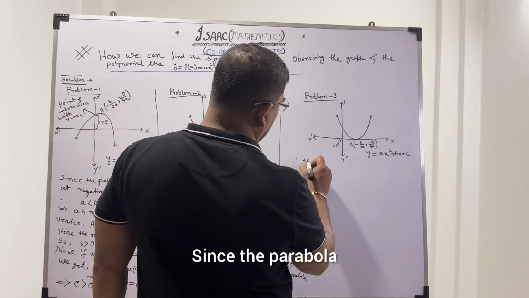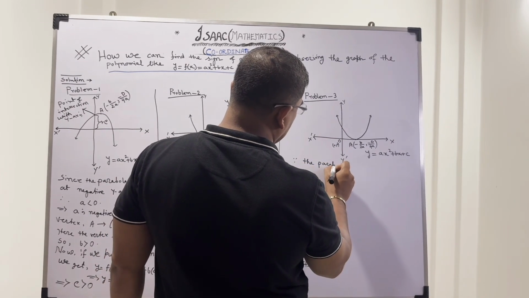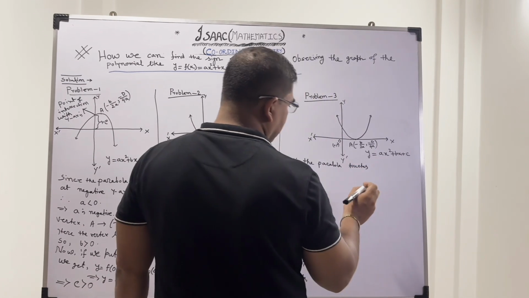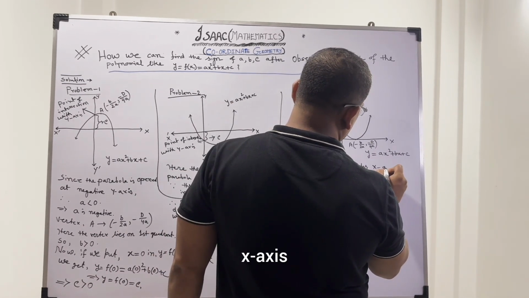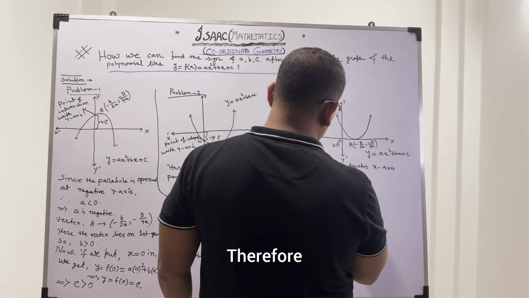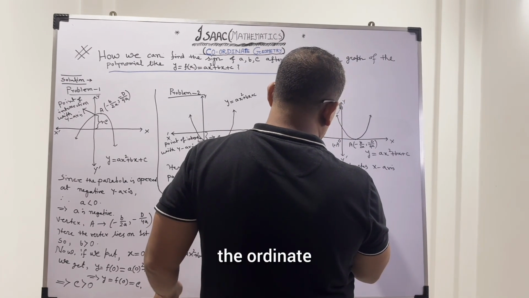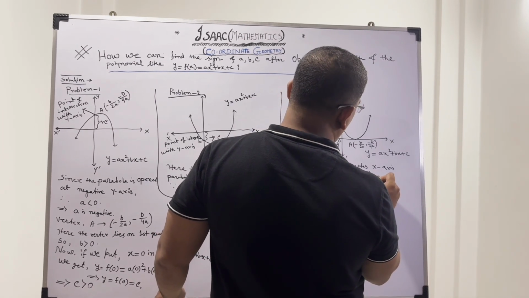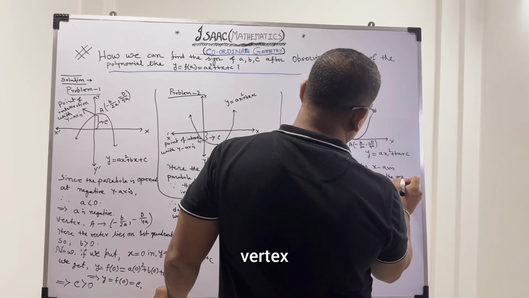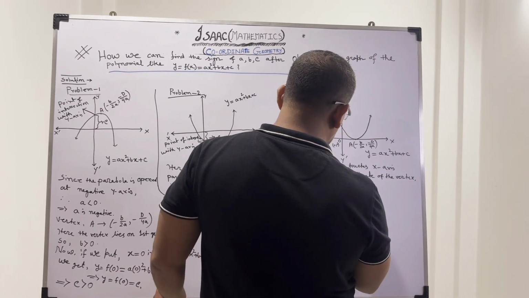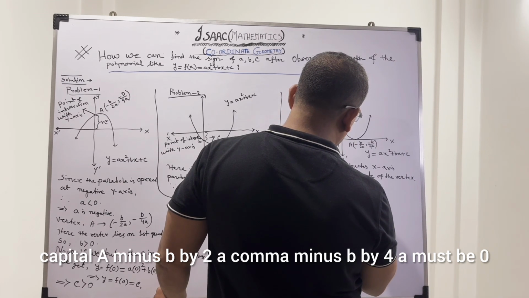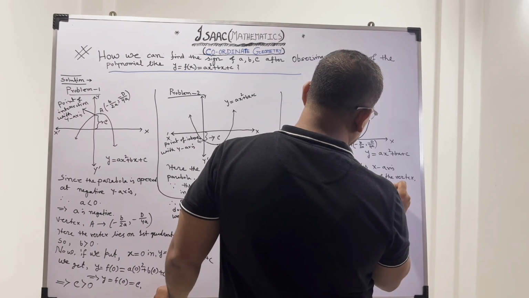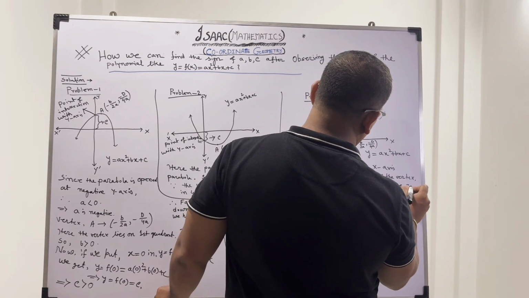Since the parabola touches the x-axis, therefore the ordinate of the vertex A, minus b by 2a comma minus D by 4a, must be 0.